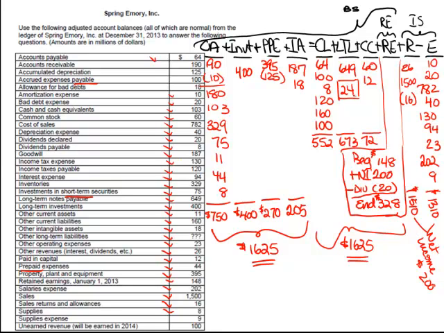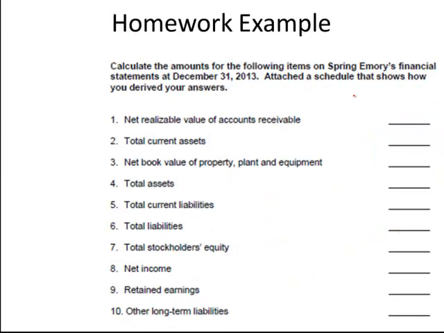So we have all of our numbers now to fill in the solution. So net realizable value, remember, was the accounts receivable minus the allowance of 10. So the net realizable value is 180. Total current assets totaled to 750.